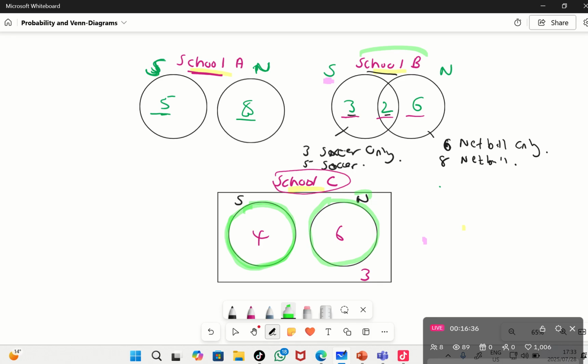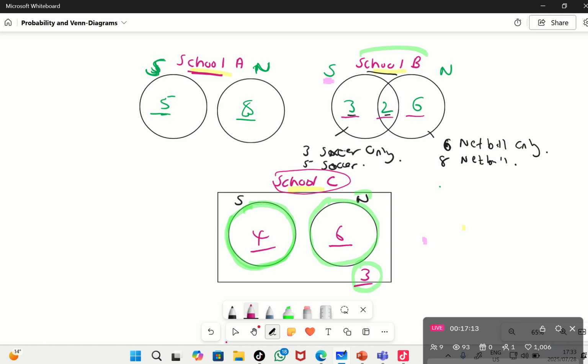Now give me the number of learners who don't play soccer nor netball. 3. I didn't phrase the question correctly, but you get the point. So what is the total number of learners in the school? 13, because 6 plus 4 gives 10, plus 3 gives us 13. That's the total number of learners in the school.